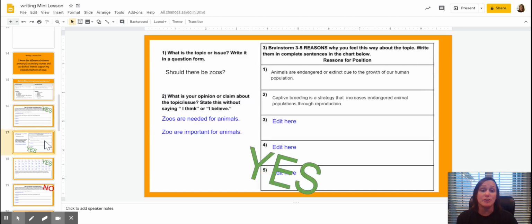When I look at my reasons, I believe this was the first slide in your graphic organizer. I have two here that we did earlier in the week that support zoos. One says animals are endangered or extinct due to the growth of our human population.